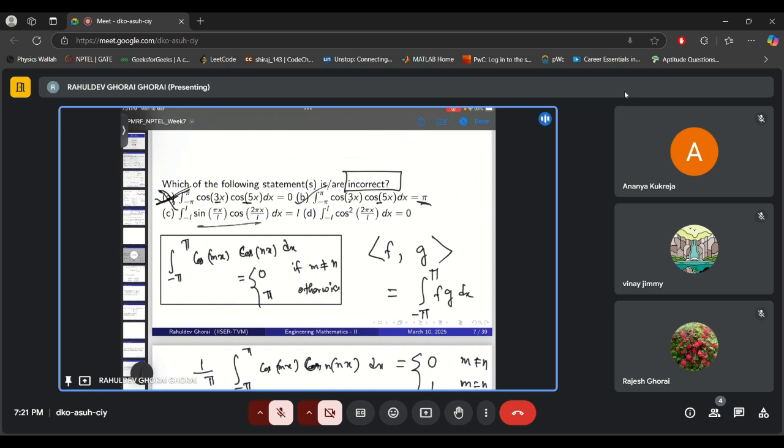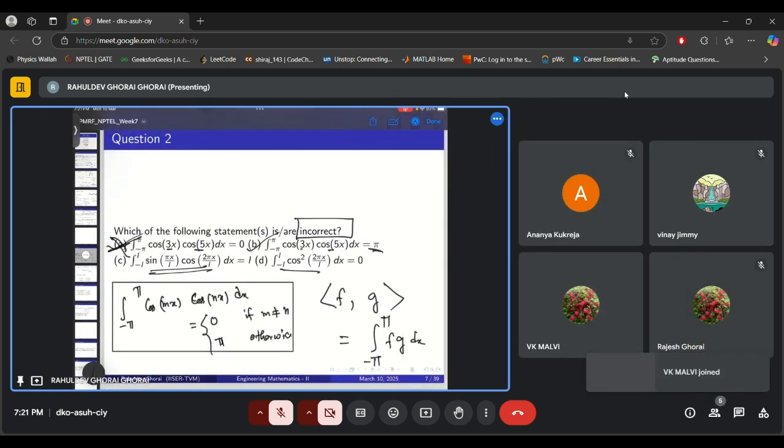And then what about these two? These two will also be the same. For minus L to L, you can show it using a translation.